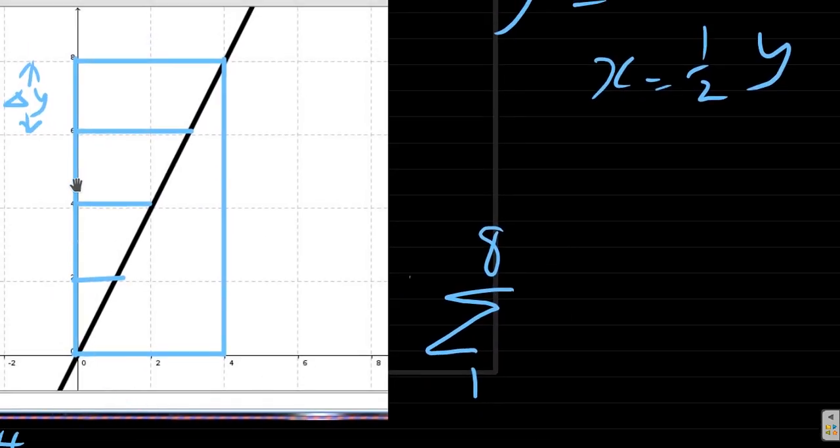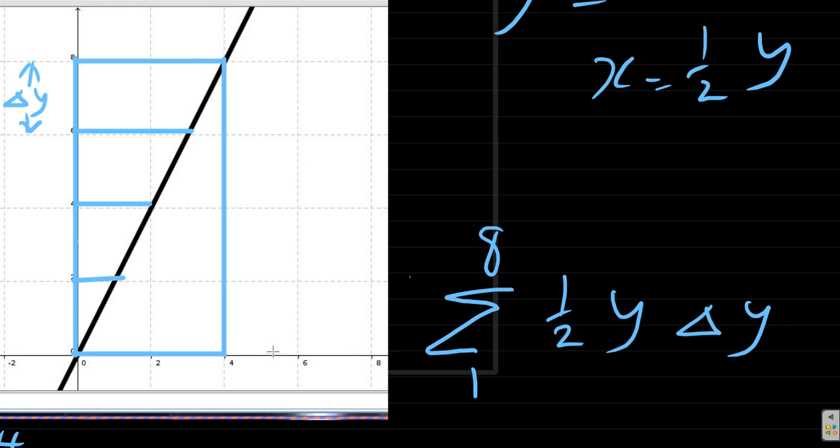Now we're summing up the y's, right? So we're summing from 1 to 8 of half y delta x, right? Oh, delta y, I mean. Half y, delta y.